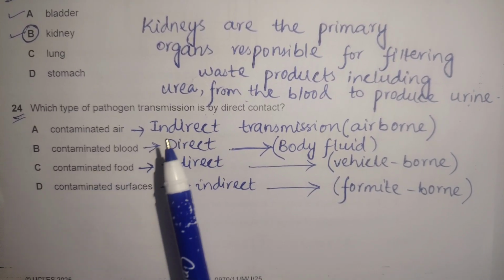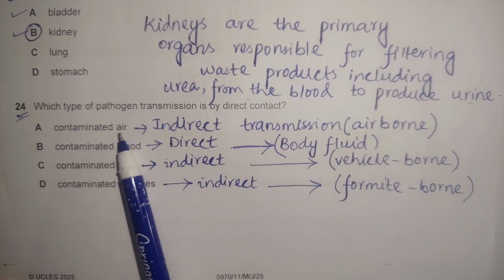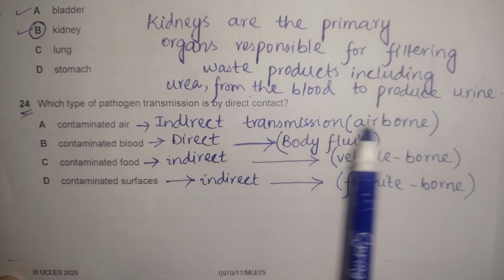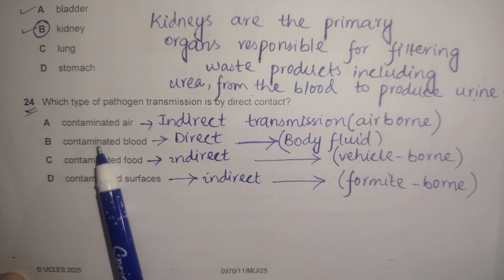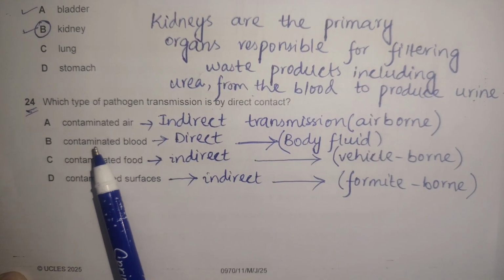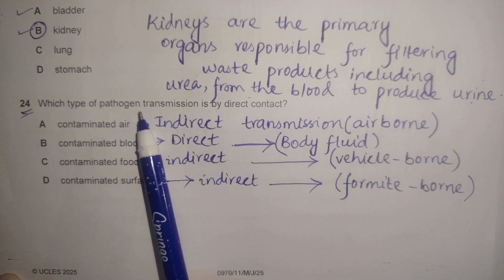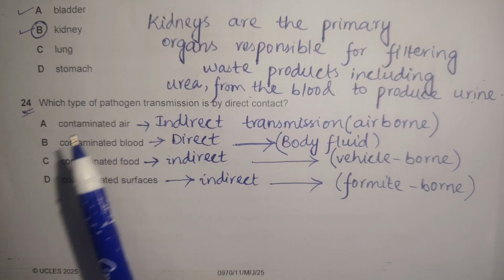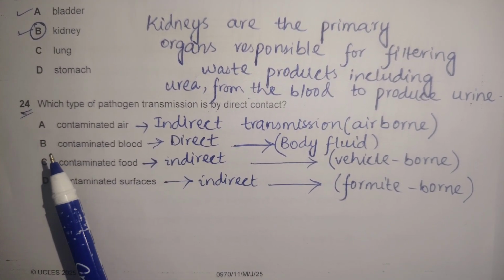So I have written short notes here for you that contaminated air is airborne transmission and it is indirect. Contaminated blood, meaning blood that is contaminated with a pathogen. Pathogen means a disease or an infected blood.